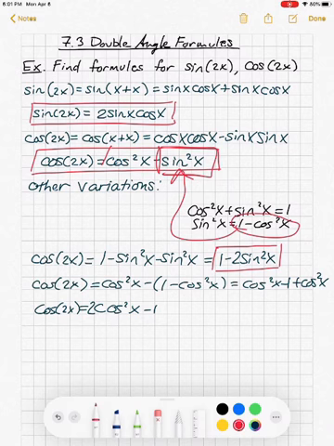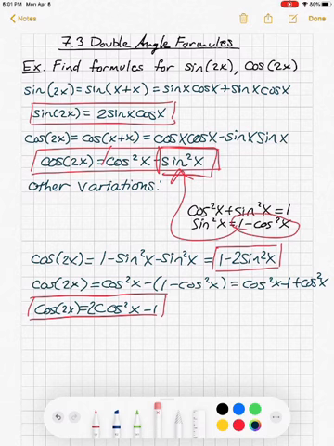So there's my third variation of that formula.